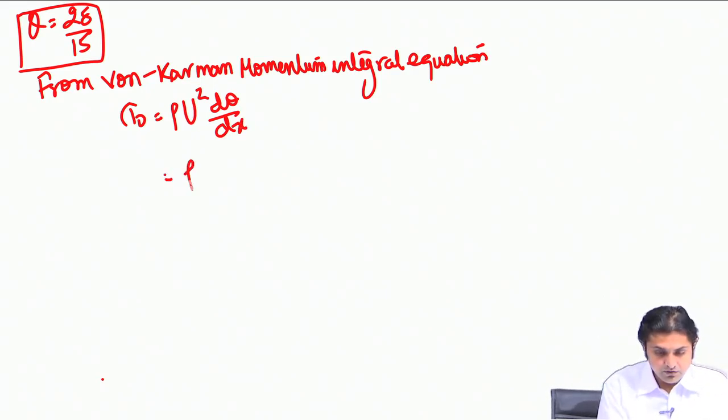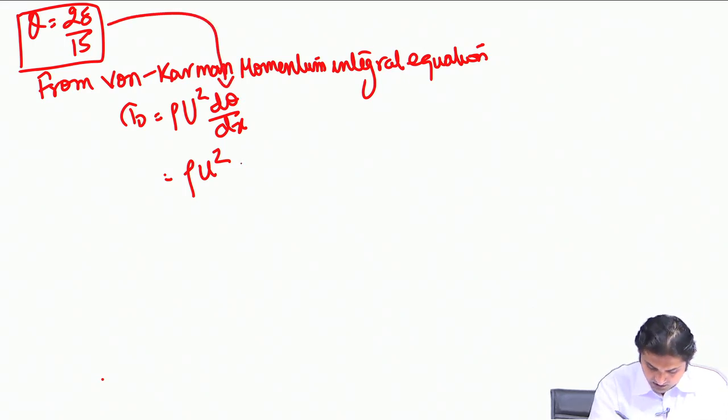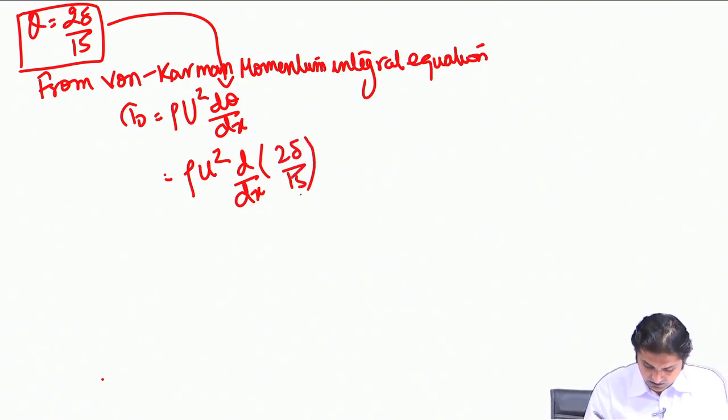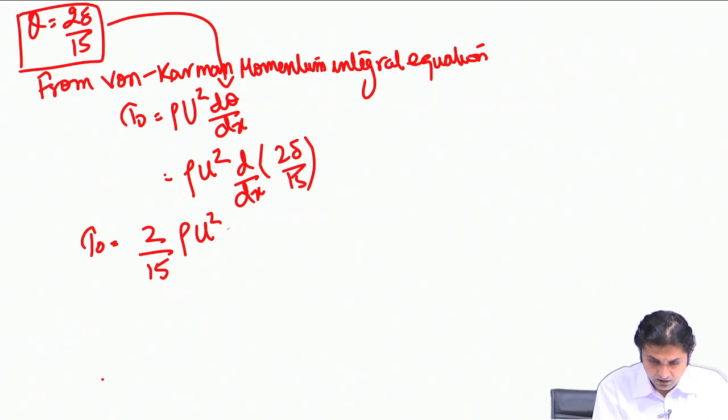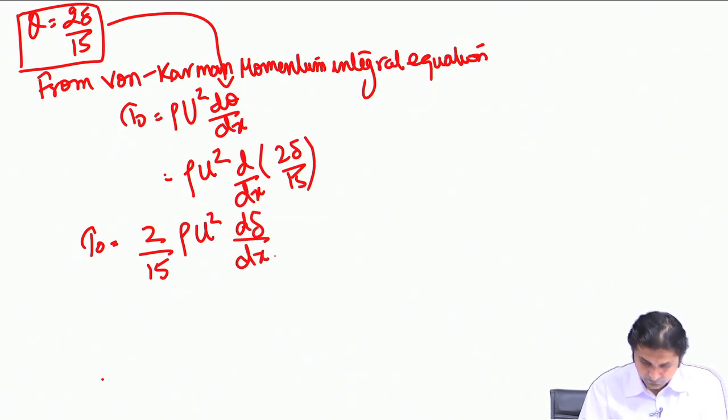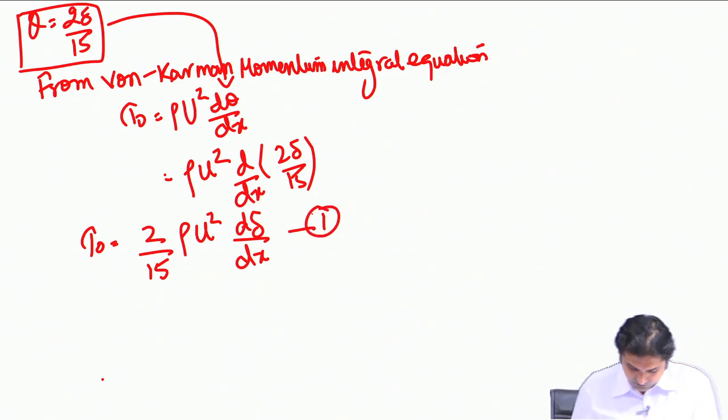So rho U square, and we put theta as here, d dx of 2 delta by 15. Therefore tau naught is going to be 2 by 15 rho U square d delta by dx, and this is equation number 1.